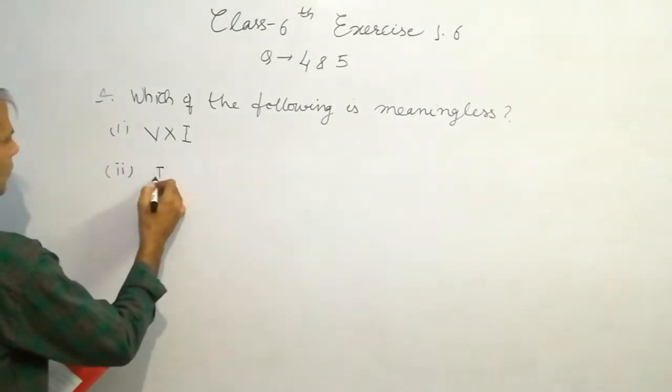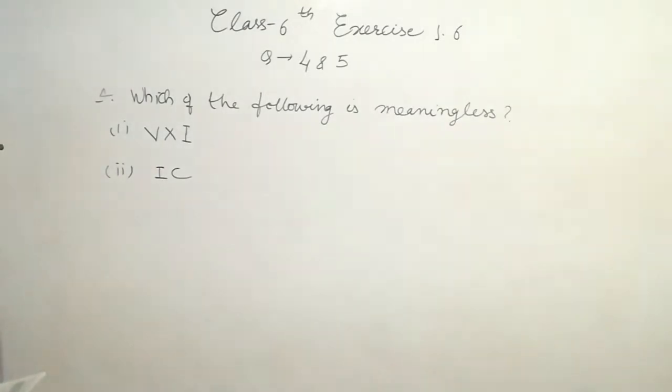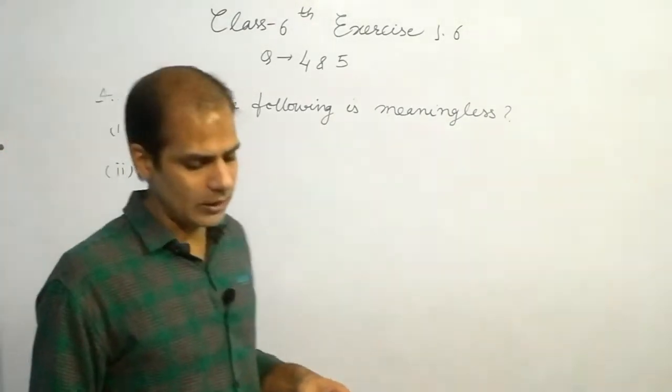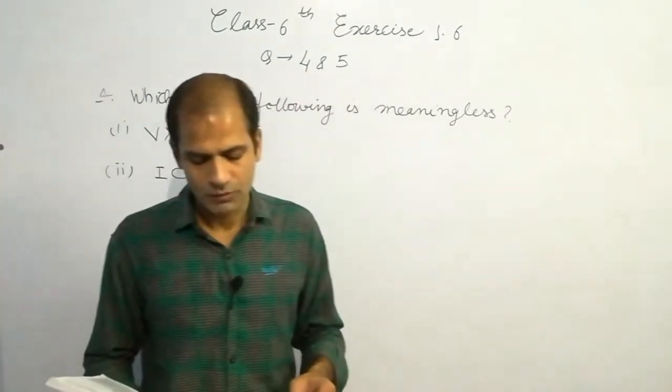Second is IC. It is again meaningless because, as per the property given on page number 20, I can be subtracted from V and X only.